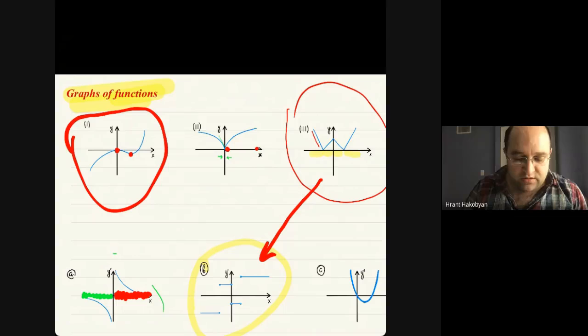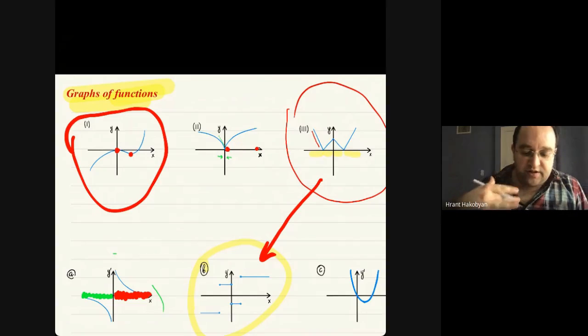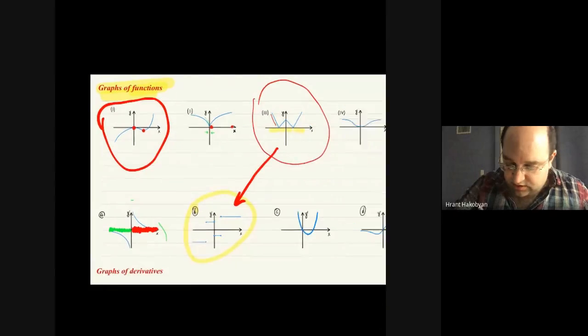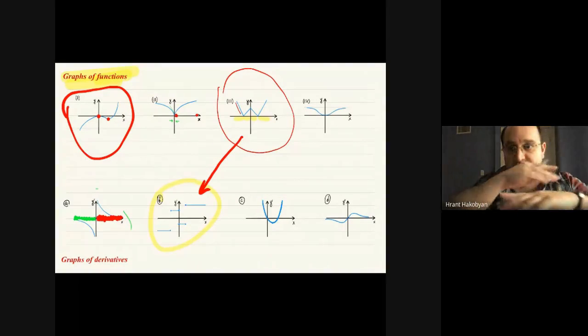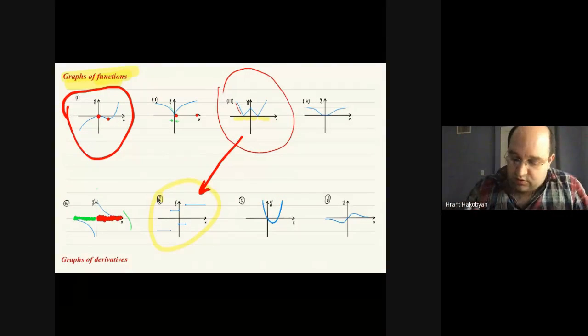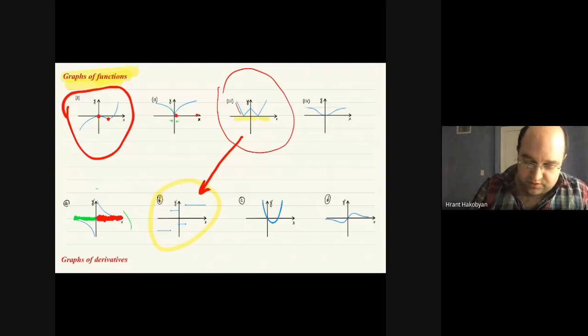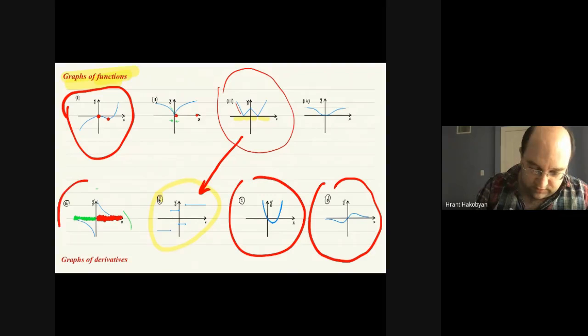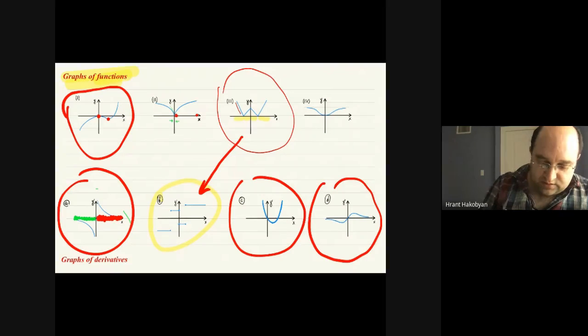Okay. So at those points, the derivative has to be equal to 0, meaning that the function at the bottom has to pass through the x-axis. So what's left? We have this one left, this one left, and this one left. Well, let's look at this one here.